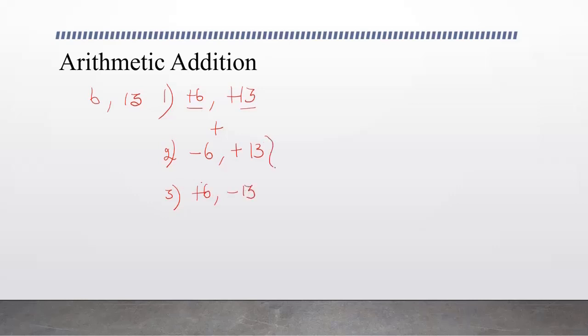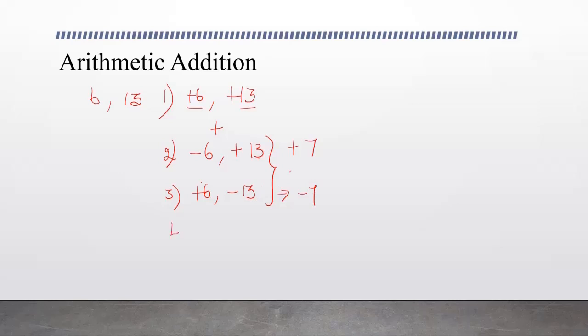In both these cases, we take the bigger number, subtract the smaller number from the bigger number, and give the sign of the bigger number as the output. So in this case, we subtract 6 from 13. The result is 7, and the result would be plus 7. And in this case, we subtract 6 from 13, the bigger number is 13, and the result is minus 7.